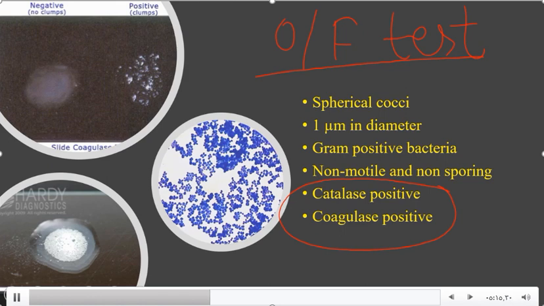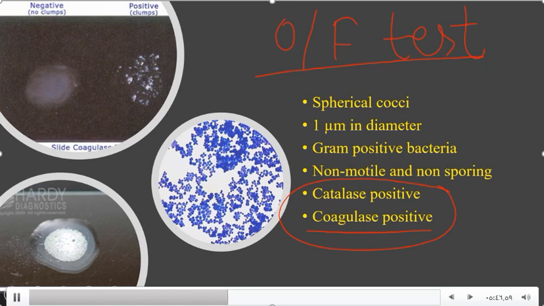As I have already mentioned, Staphylococcus aureus is one of the most predominant pathogenic bacteria. So in the clinical laboratory we have to separate Staphylococcus aureus from other species. One of the distinguishing features is that it is coagulase positive. In the coagulase test we put colonies of the bacteria in human serum.